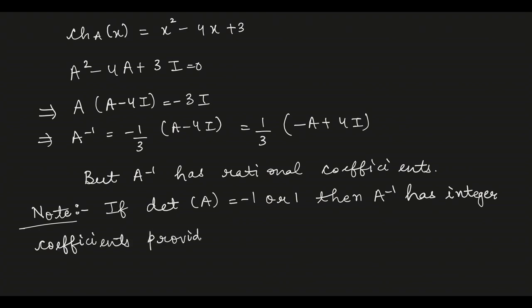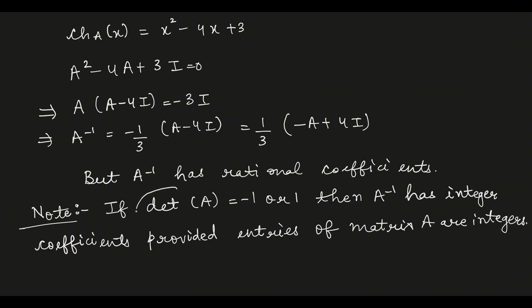If matrix A has integer entries and determinant is either 1 or minus 1, then A inverse will have integer coefficients.